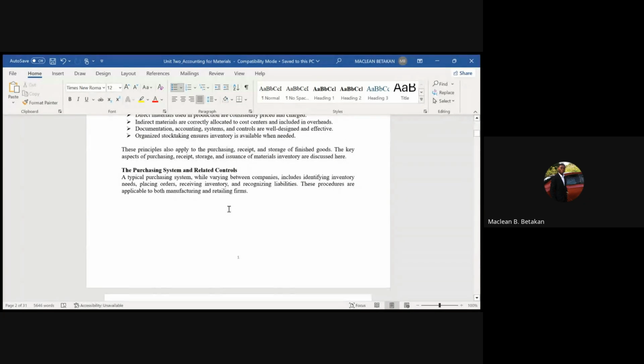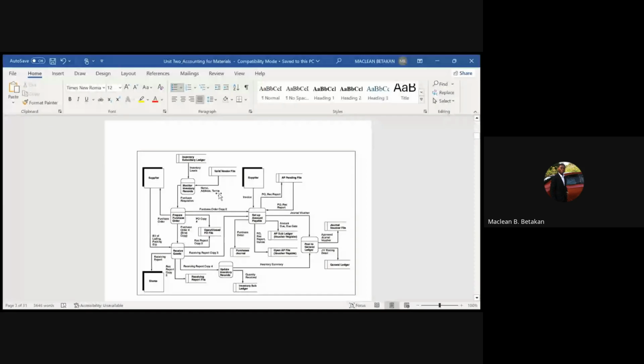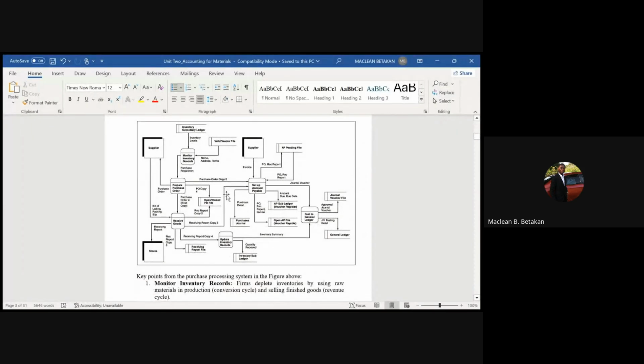Then we have the systems you need to follow. We have purchasing systems. This is a sample of the purchasing system, how it relates. So I sent it to you. You can look at how these are interrelated.